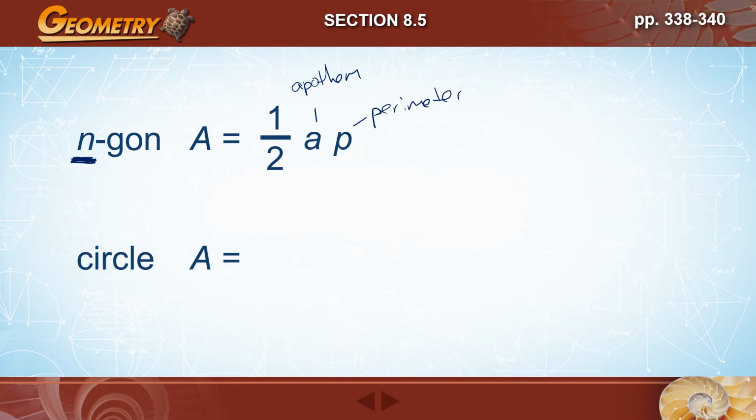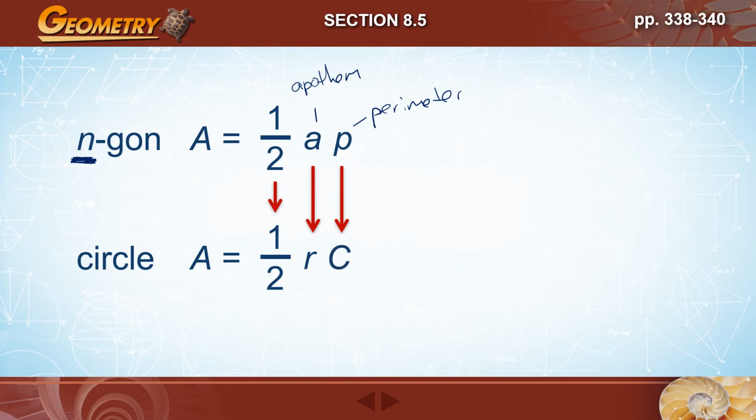So we can substitute the equivalent values on a circle. The 1/2 stays the same, but as we get more and more sides, the apothem approaches the radius of a circle, so we can replace apothem with radius. And the perimeter of a circle has a special name: circumference.